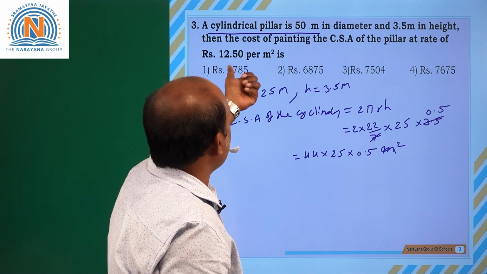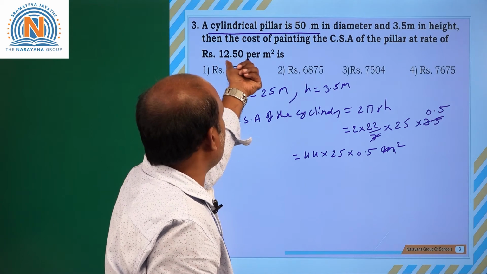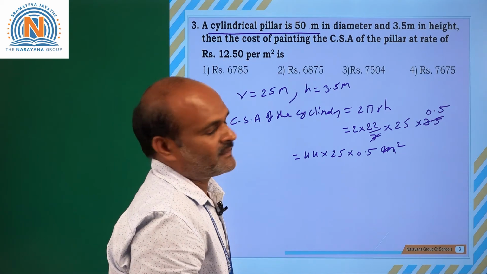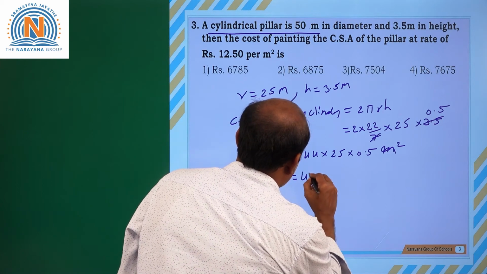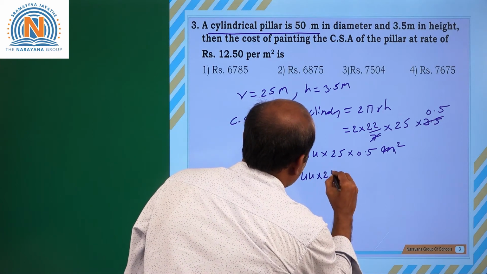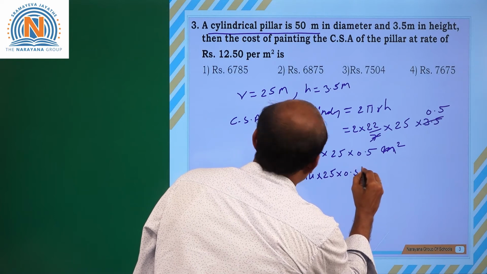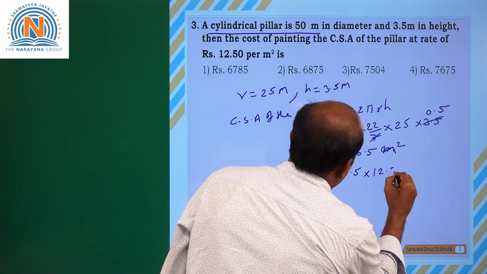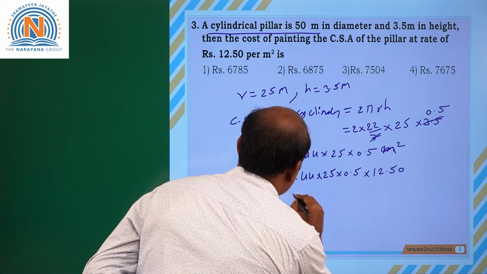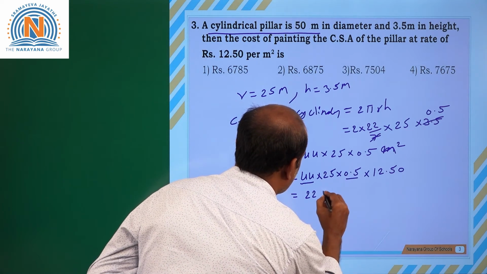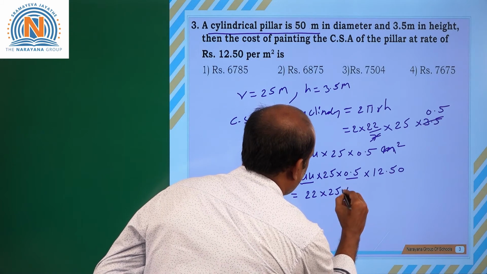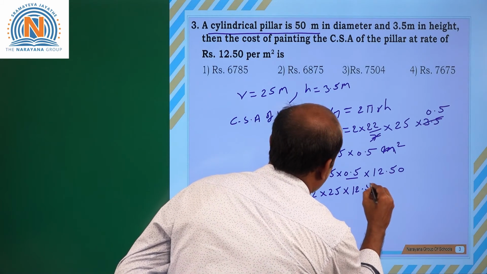Now for each meter square, how much cost? 12.50. So that is equal to 44 into 25 into 0.5 into 12.50. That is equal to 44 into 0.5, that is 22, into 25 into 12.50.